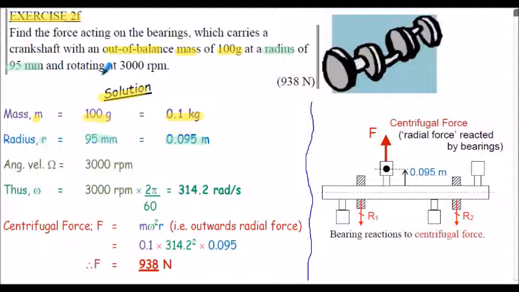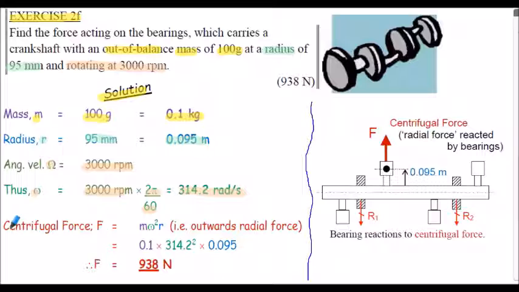We're given the rotational speed of the crankshaft is 3000 RPM, so capital omega is 3000 RPM, and then converted into lowercase omega, which is in radians per second. The calculation is 3000 RPM multiplied by 2 pi upon 60, so 314.2 radians per second is the angular velocity.